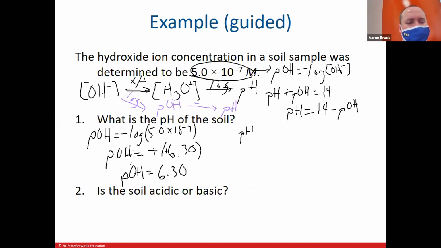Since the pH is equal to 14 minus the pOH, 14 minus 6.30, I'll get a value here of 7.70.